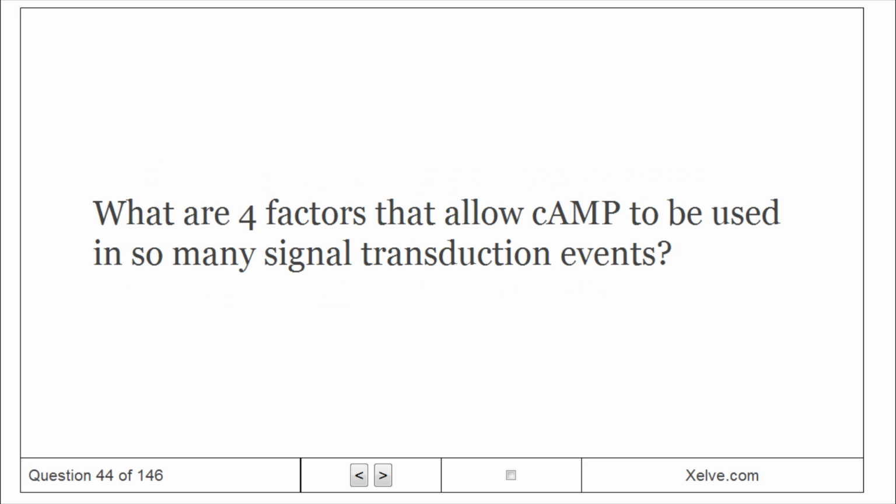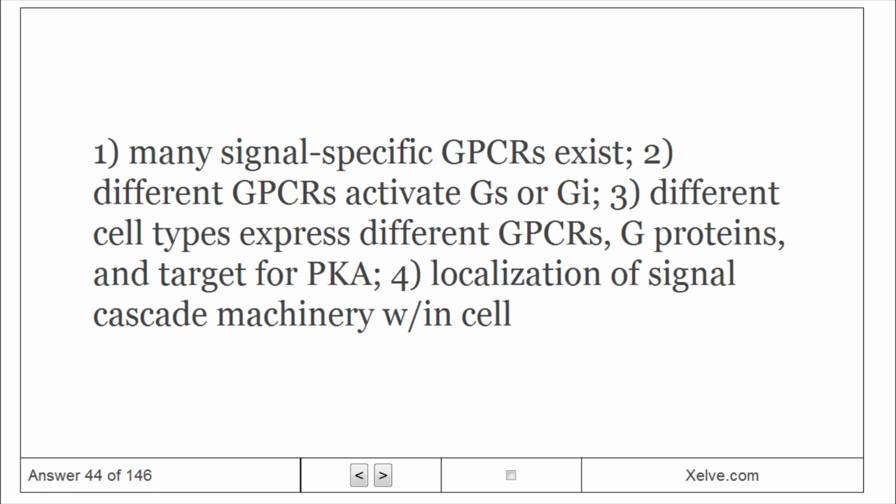What are 4 factors that allow cAMP to be used in so many signal transduction events? One, many signal-specific GPCRs exist. 2, different GPCRs activate Gs or Gi. 3, different cell types express different GPCRs, G proteins, and targets for PKA. 4, localization of signal cascade machinery within the cell.